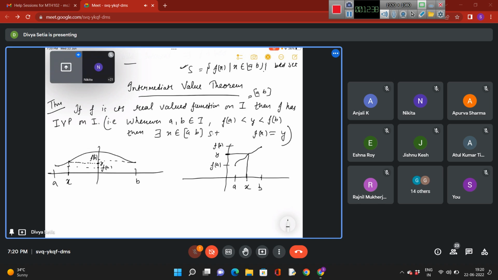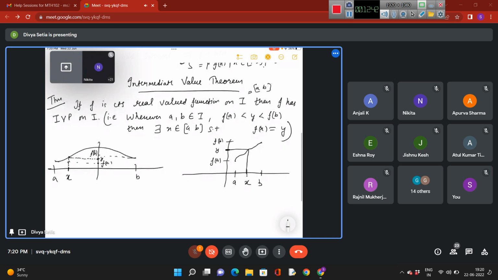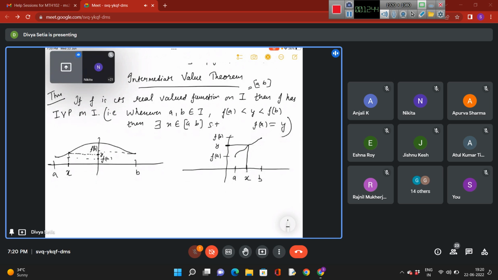Here, if I'm writing I or AB, that means the same thing. So there should exist some point between a and b such that the image of that point is the point you have chosen between f of a and f of b. That is the really good property of your continuous function.